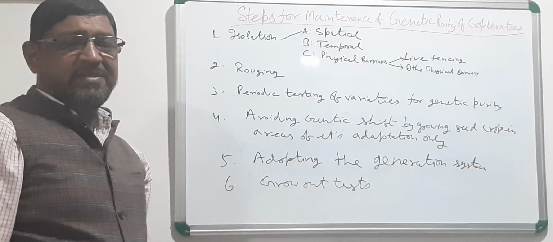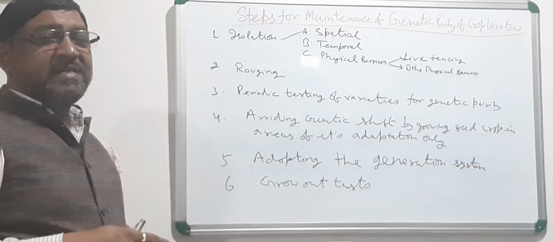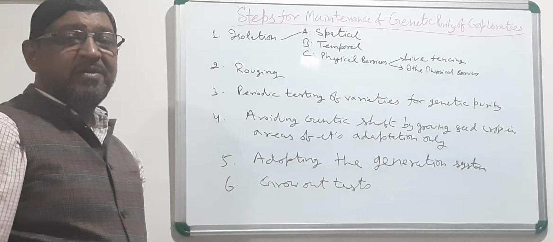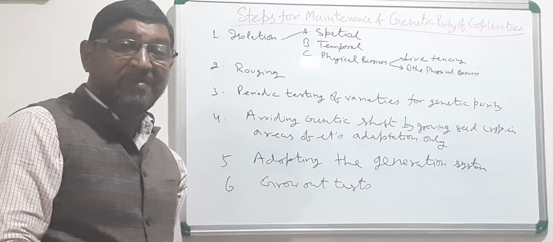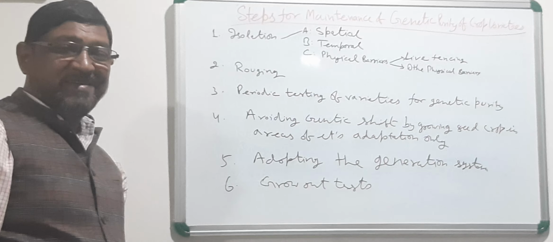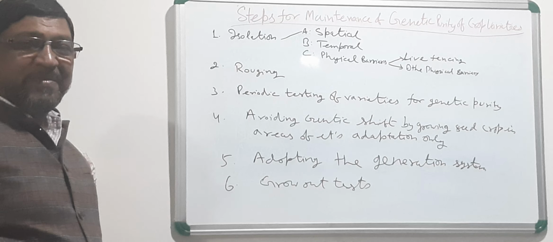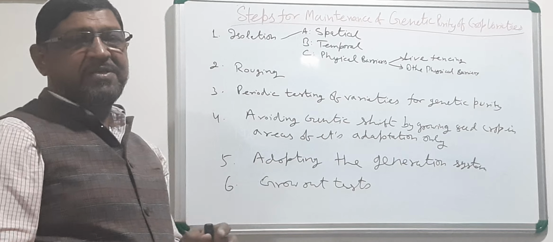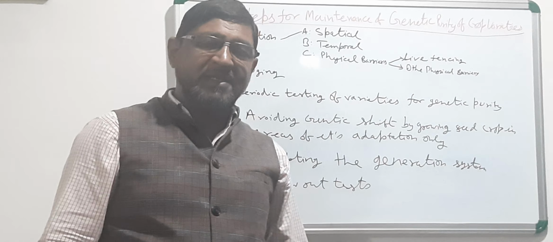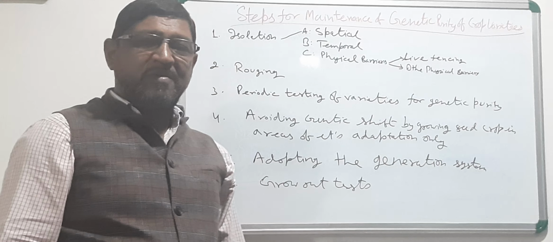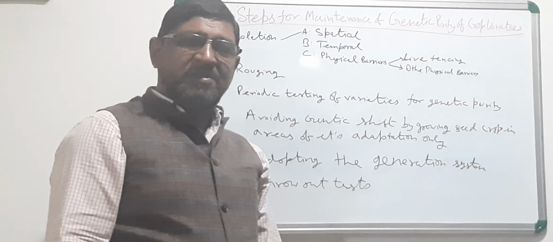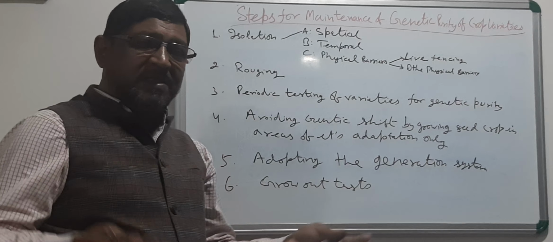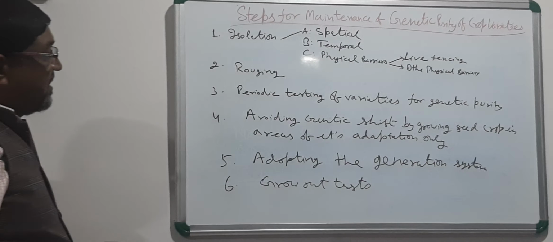In due course of time, in a few generations, you are going to have a different variety than your own variety. So if it has been released for Uttar Pradesh, try to produce it in Uttar Pradesh itself. If it has been released for Andhra Pradesh, produce your seed in Andhra Pradesh itself, because of the problem of genetic shift. So don't do that.